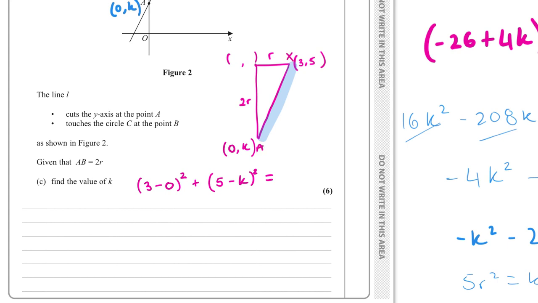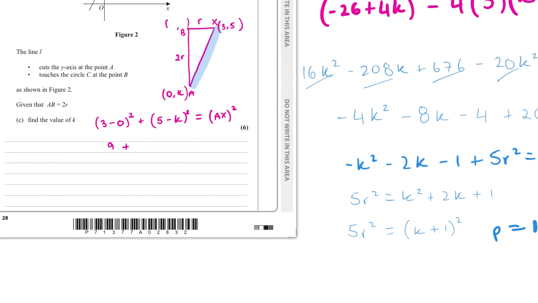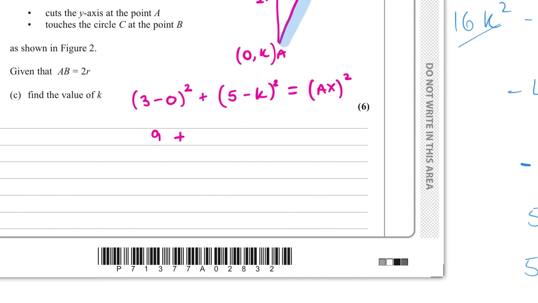Remember, this is our A. Is that X? Yep, B. Okay. This equals AX squared. So what do we have? 9 plus, I'll just leave it like this for a second, 9 plus 5 minus k squared.